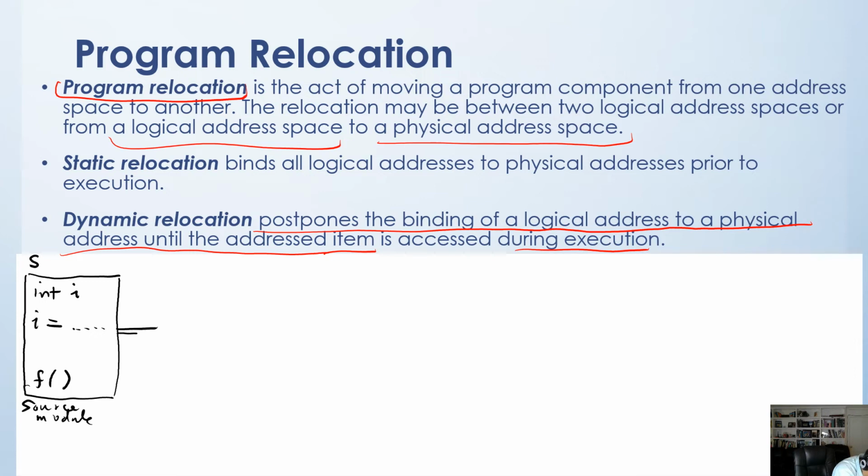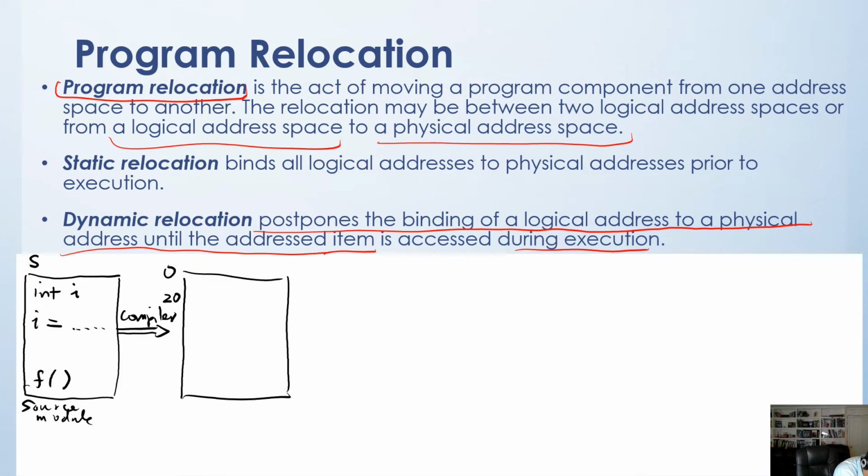After you compile the code, the compiler assumes a logical address 0, and assigns I to address 20. So I assign a value which is located in logical memory address 20.